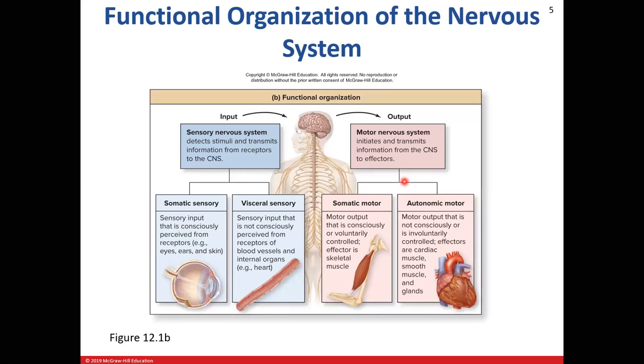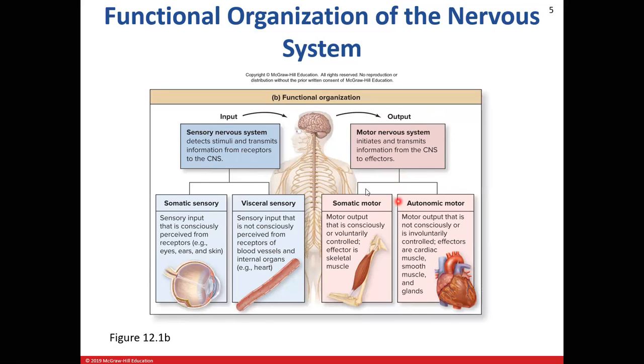So here we kind of have this division or this flow chart, if you will. These just show us our functional divisions of the nervous system for the body. We have our sensory nervous system or the input system. And then we have the output or the motor nervous system. With the input system, we have the somatic sensory and the visceral sensory.